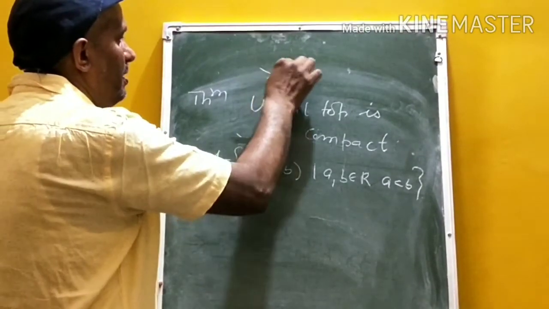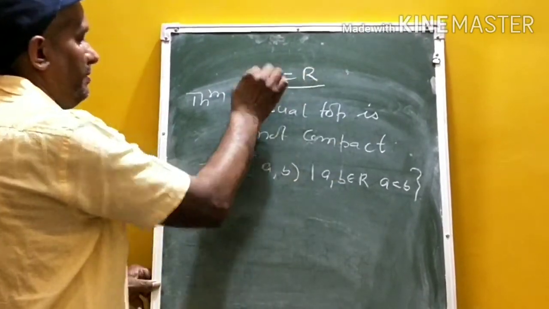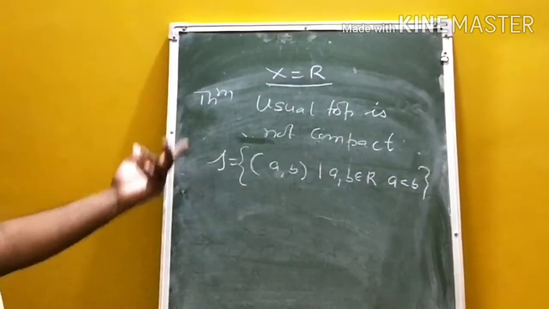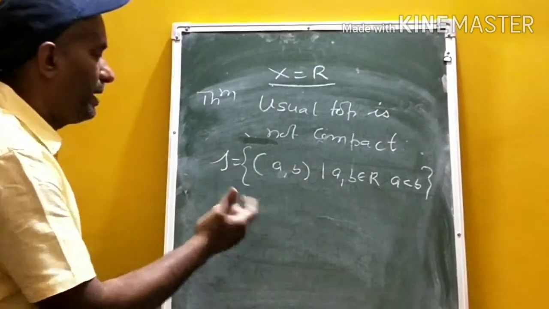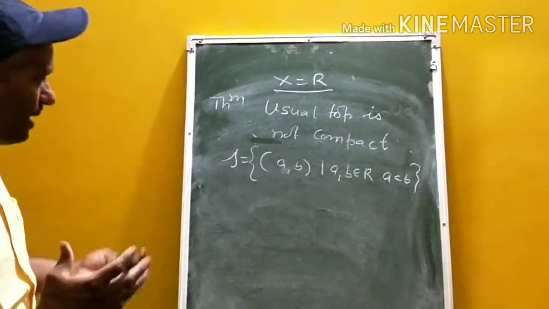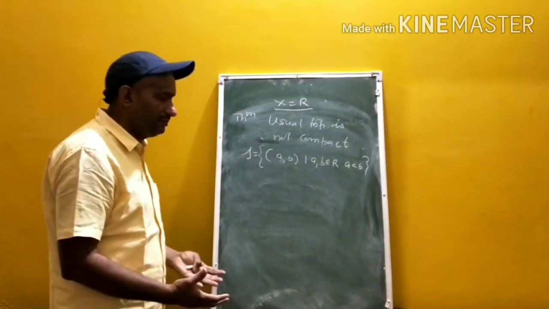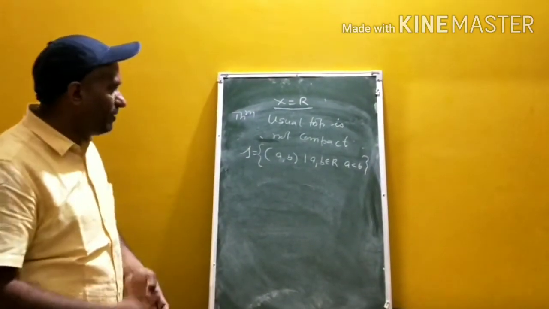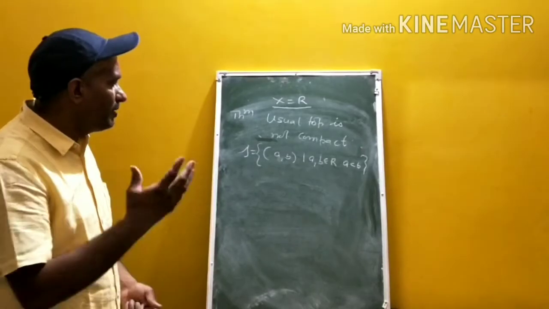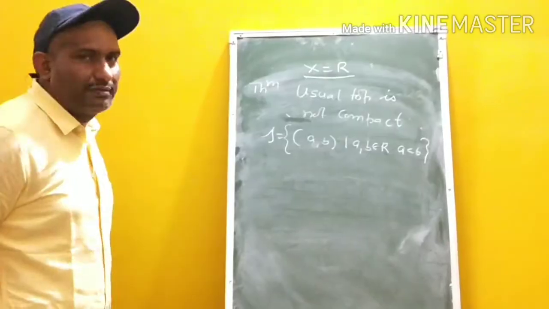Here X is equal to R. Now we have to prove it is not compact. Here we take a cover, and from this cover we will show that we are not able to draw a finite subcover.